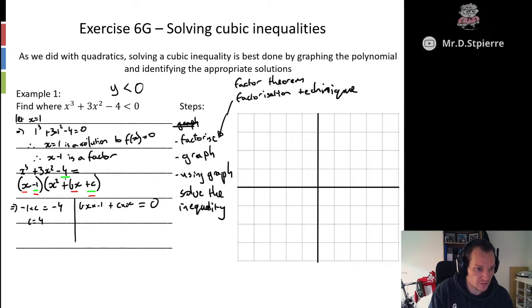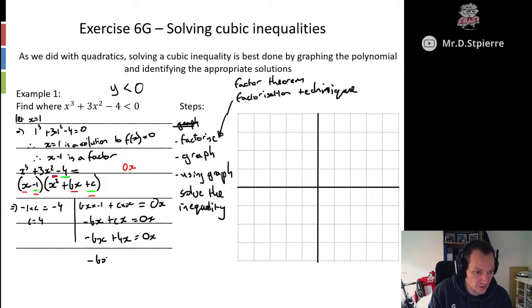In my equation above there is a 0x term, so it's equal to 0x. So we get negative bx plus cx is equal to 0x. We know c is equal to 4, so we get negative bx plus 4x is equal to 0x.